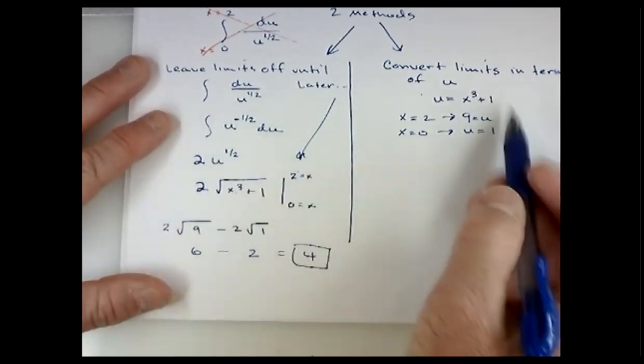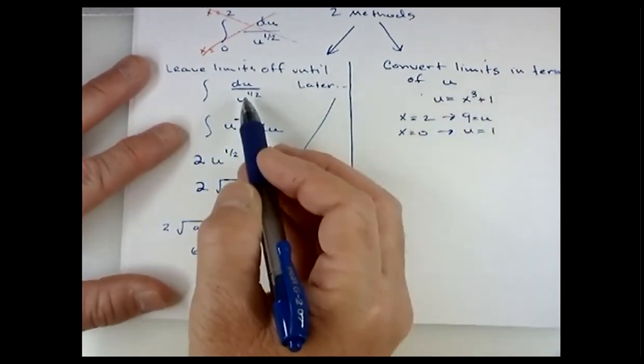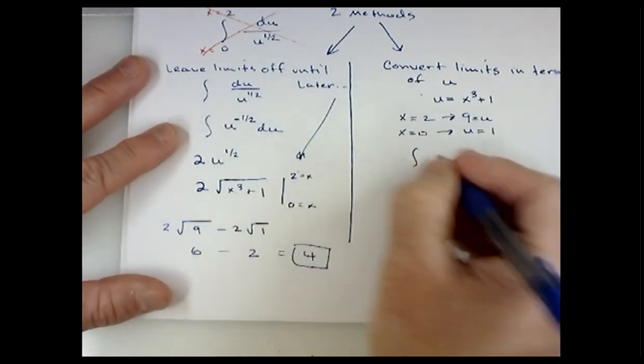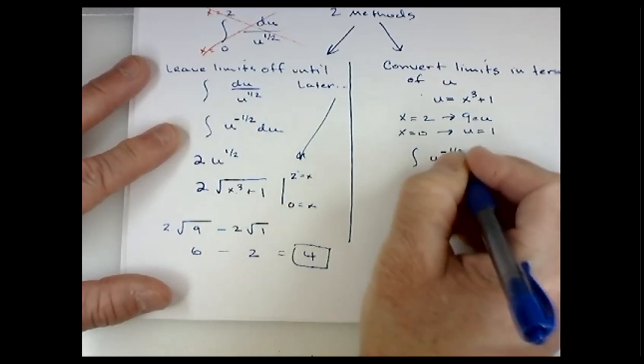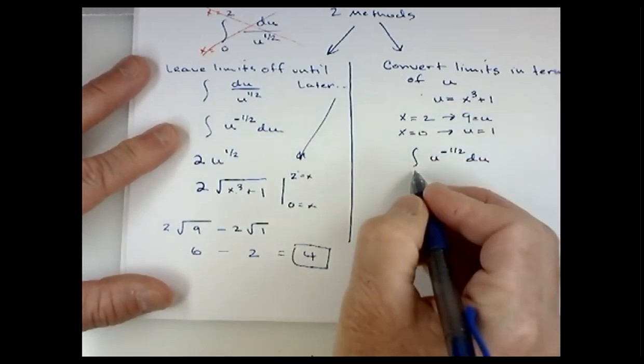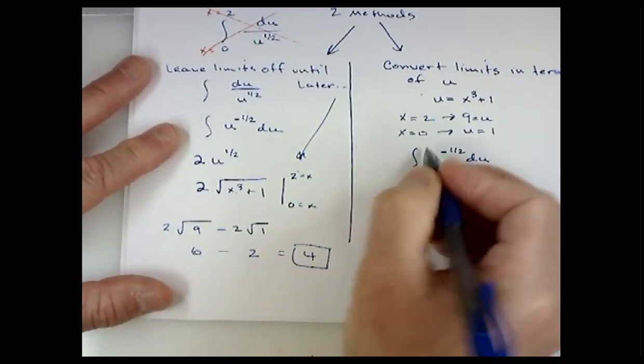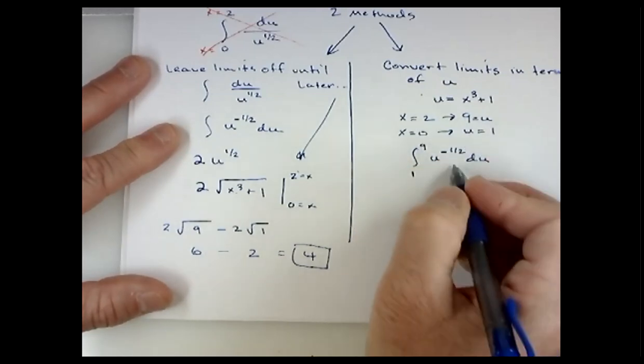Now, the advantage of converting the limits is that when I get to this step here, I'm actually going to pick it up here. When I rewrite this as u to the negative 1/2 du, I can now put my limits on from 1 to 9, because those are in terms of u.